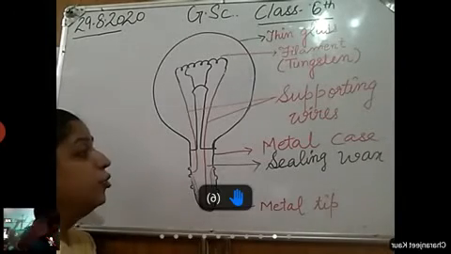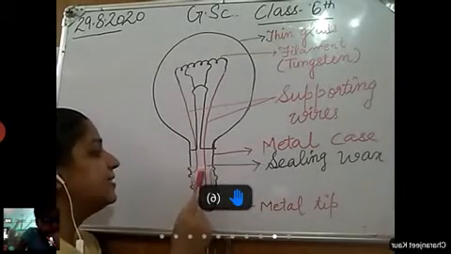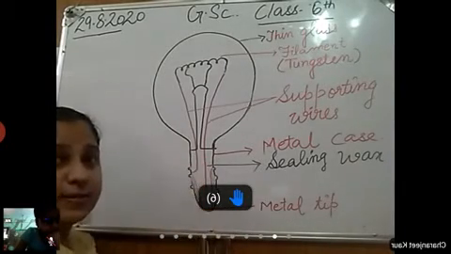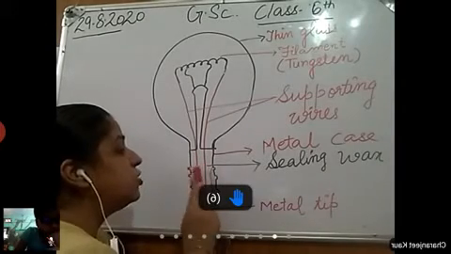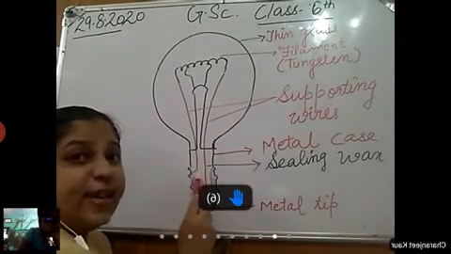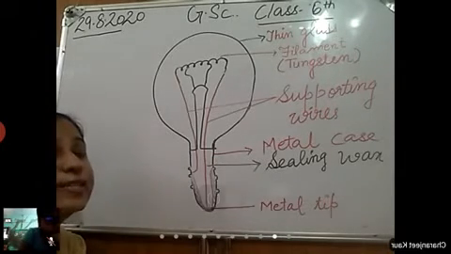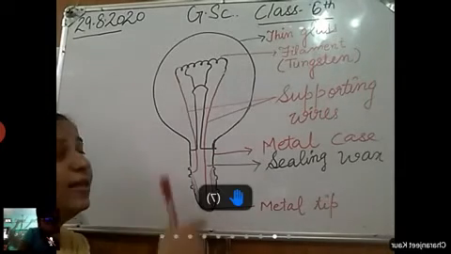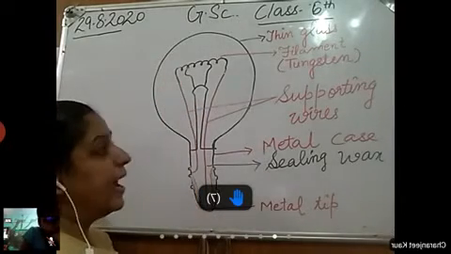Now, to separate out these two terminals, there is a sealing wax, which does not allow these terminals to interconnect. Only the wires, current flows in the wires, right?